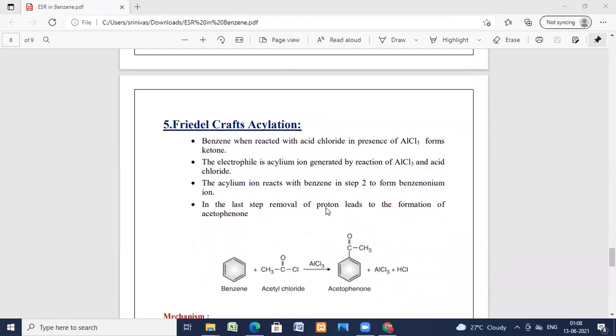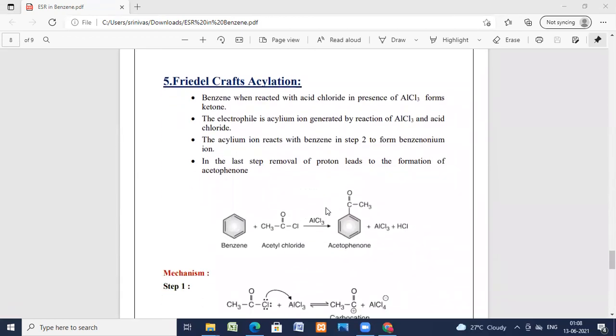Now we'll see Friedel-Crafts acylation. Benzene reacts with acid chloride in presence of AlCl3 and forms a ketone. The electrophile is the acylium ion. Alkyl is the R group. COR is the acyl group.